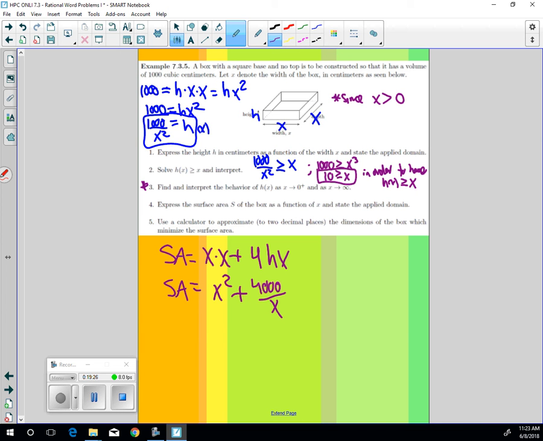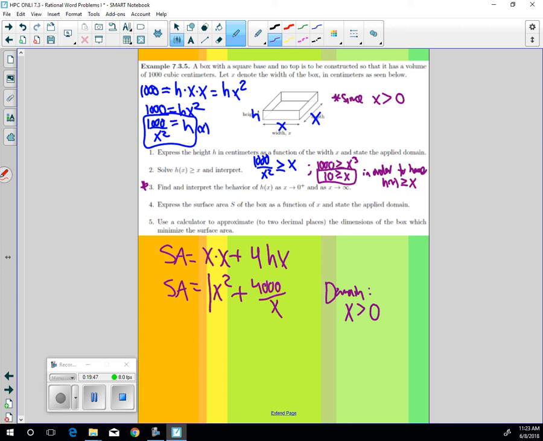Okay? So you can see why you can't have x equal to 0. So the domain for this one has to be x greater than 0. Can't be equal to 0 or it'll be undefined. Use a calculator to approximate the dimensions of the box which will minimize the surface area.